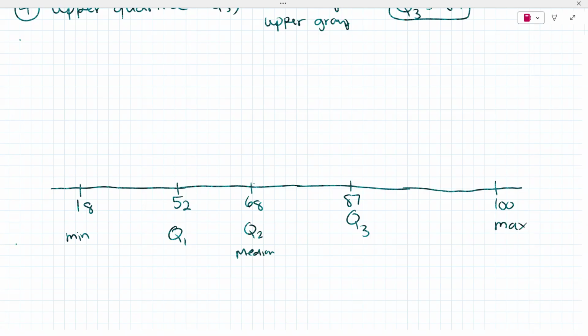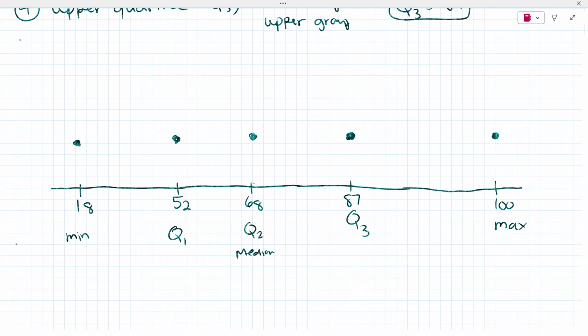It's going to look like this. Dot here, and then another dot on 68, and then another dot on 87, and then another dot on 100.